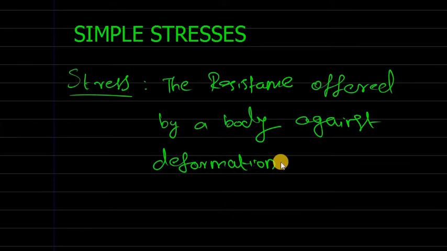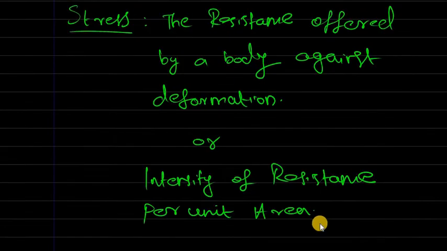So by virtue of that strength, if you are trying to deform the body, it shows some resistance. This resistance is called stress. Also we can say it is the intensity of resistance per unit area. When a component is being deformed, it produces some resistance, and the resistance of that body per unit area may be called stress.